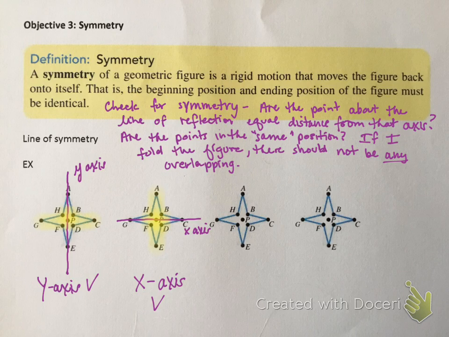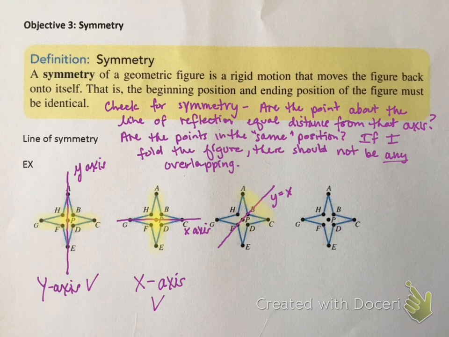Let's check the line y equals x. The line y equals x is a diagonal line, which is a 45-degree movement away from the x-axis, which makes up the equation y equals x. So we're going to check for symmetry about this. The distance from point A to the line y equals x is the same as the distance from point C to the line y equals x.